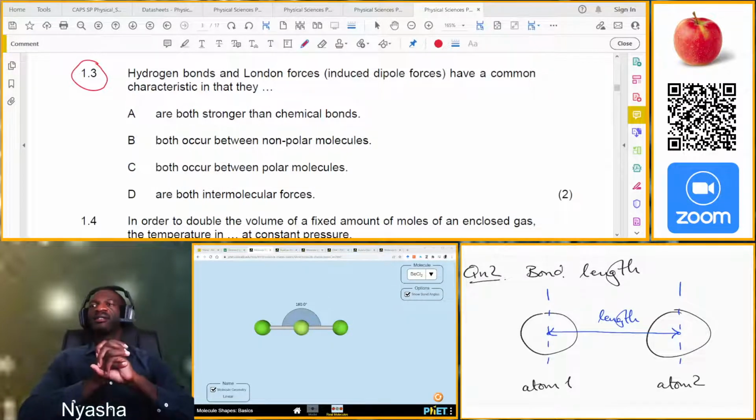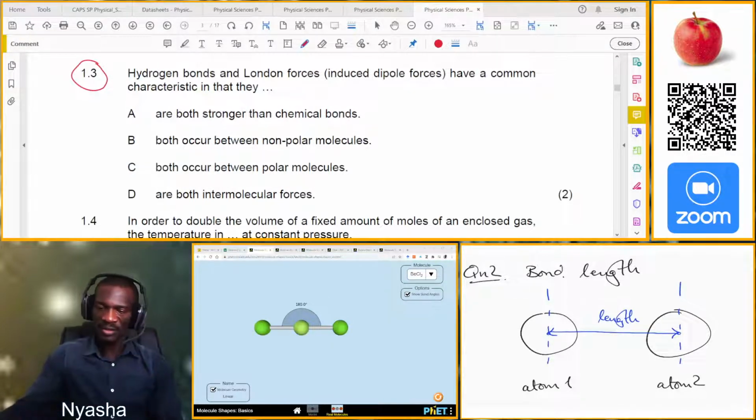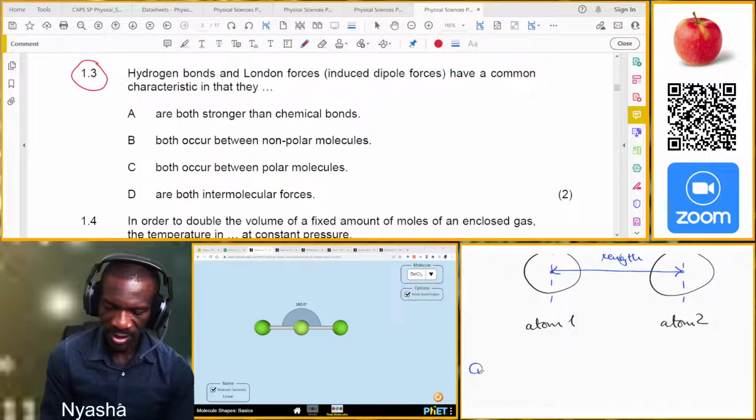Hydrogen bonds. What are hydrogen bonds? So hydrogen bonds, that's question 3.